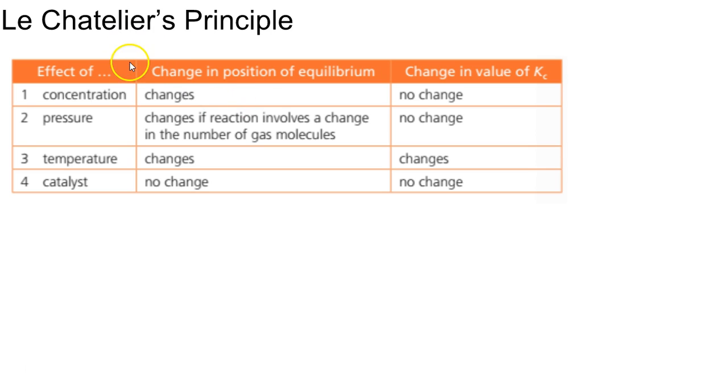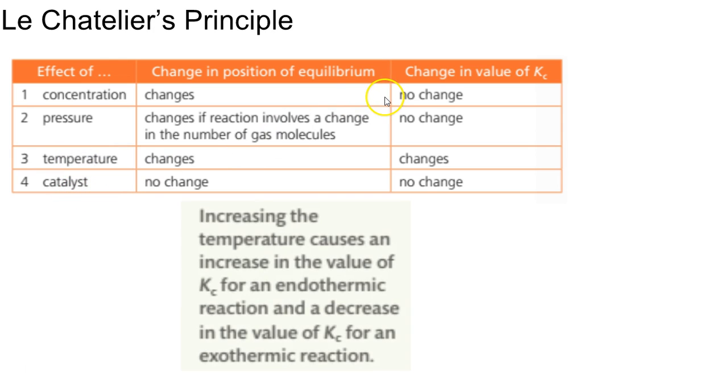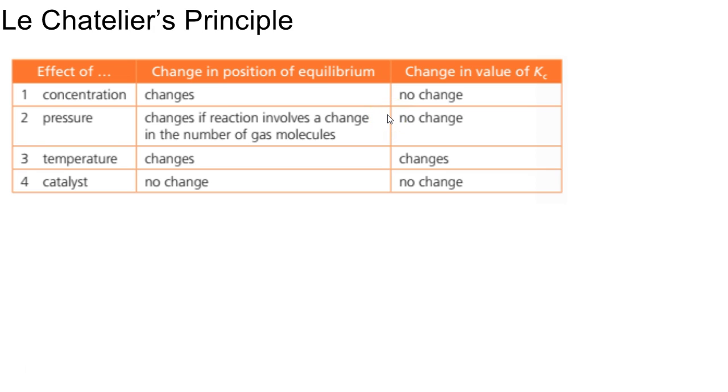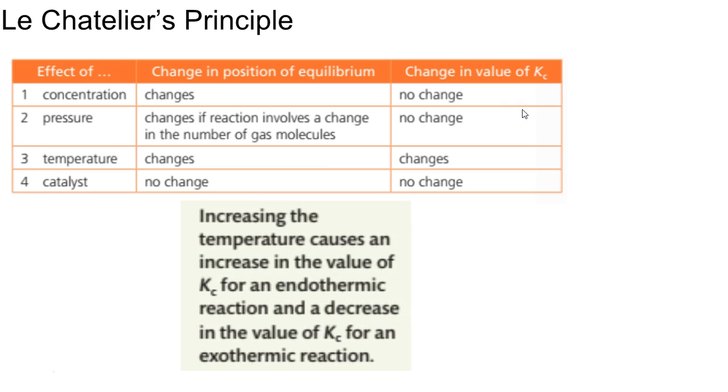Okay, now there are 4 things that can happen. We can change the concentration, the pressure, the temperature, or add catalyst. Notice that all of these do not change the K value except for temperature. Temperature is the only one that is actually going to change the K value, the equilibrium constant. And how it changes is according to this.